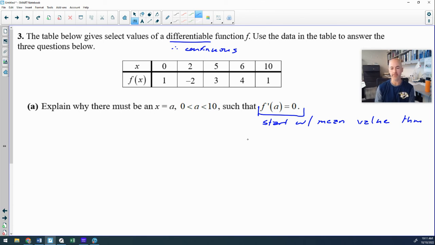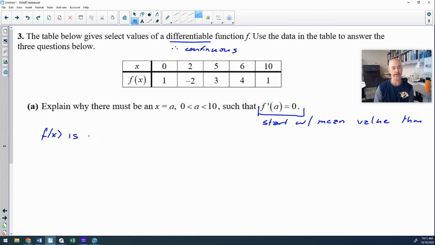And the mean value theorem says that as long as your function is differentiable and continuous, then there must be a point where f prime of a is equal to 0. So let's see if we can figure out how this is going to happen. And you do need to explicitly write out that our function does satisfy the conditions for mean value theorem, which are that f of x is differentiable and continuous, but your wording is very specific here.